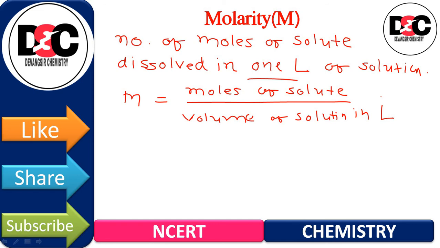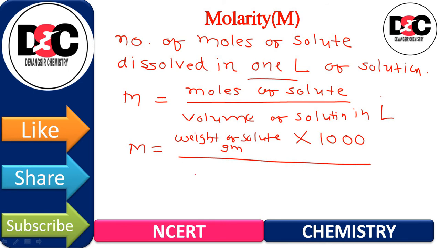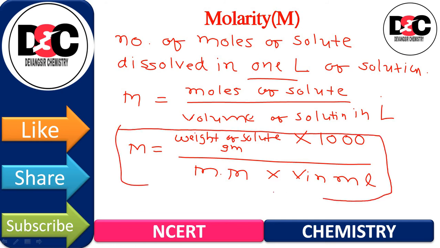Now suppose sometimes the volume is given in ml, at that time which formula can be used? So molarity is equal to weight of solute in gram multiplied by 1000, upon molar mass multiplied by volume in ml. So this formula you can use to solve the sums.